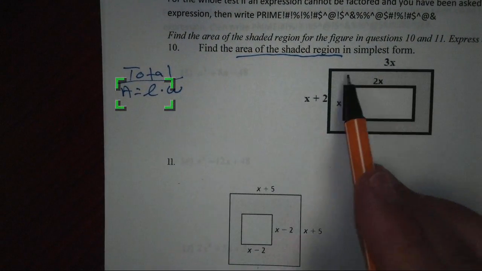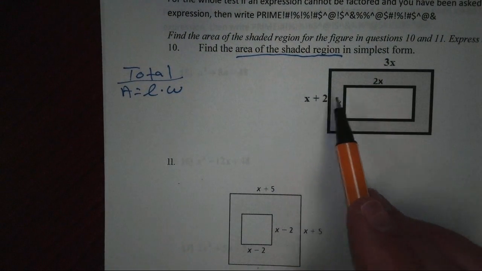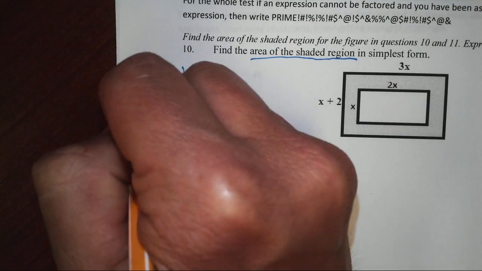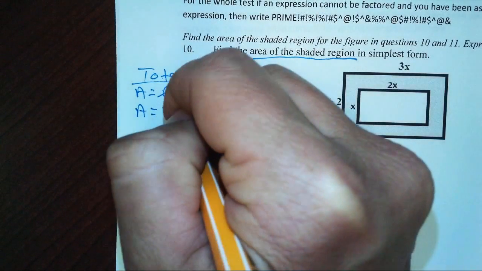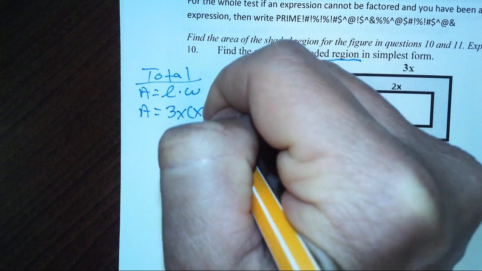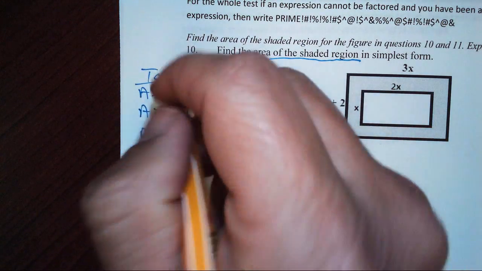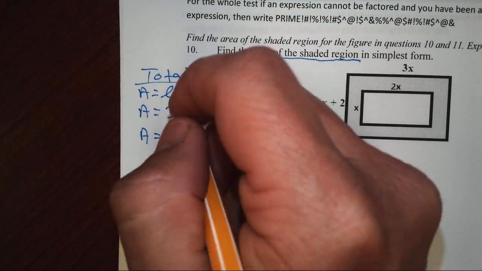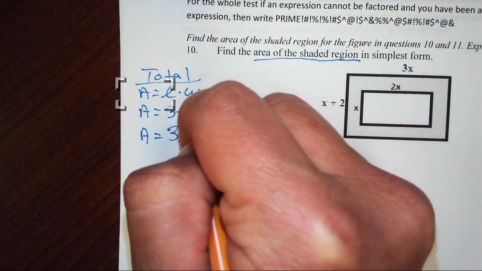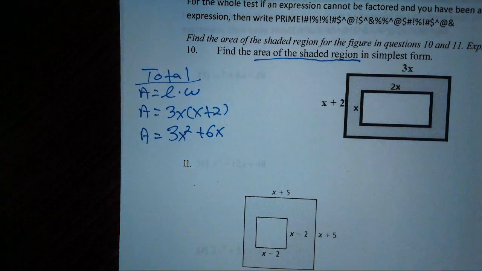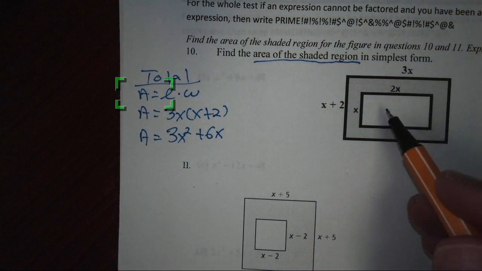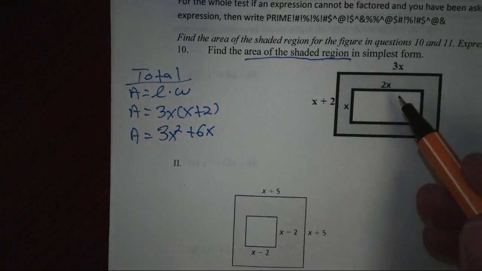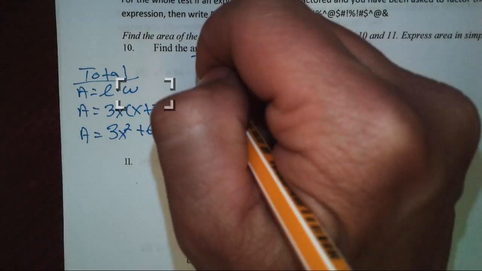The length and the width of this box are x plus 2 and 3x. So the total area is 3x times x plus 2, which if we distribute the 3x gives us 3x squared plus 6x. Now we're going to find the area of this white part in the middle, because that's the part we don't want.